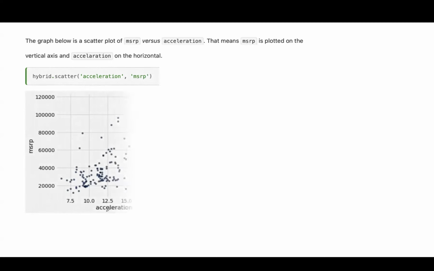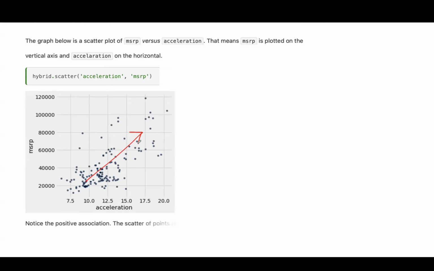As we mentioned, acceleration is going to be on the horizontal axis and MSRP is on the vertical axis. So the retail price is on the vertical axis and acceleration is your independent variable, and the price depends on the acceleration. Well, even though we have a lot of noise here, we still can recognize a pattern.